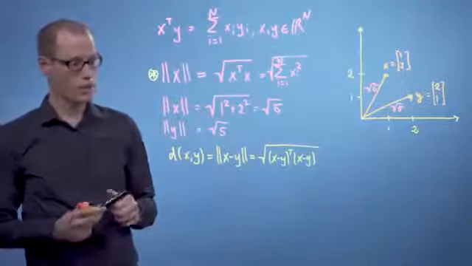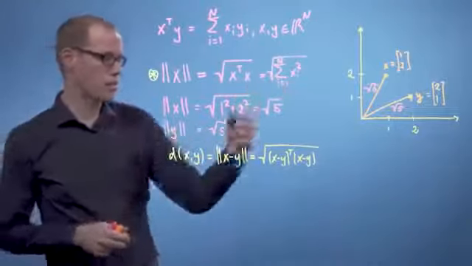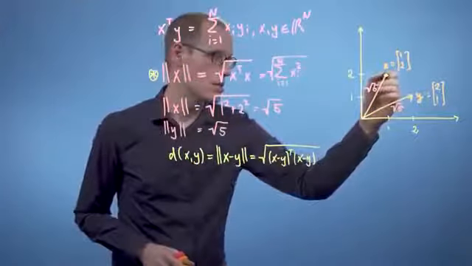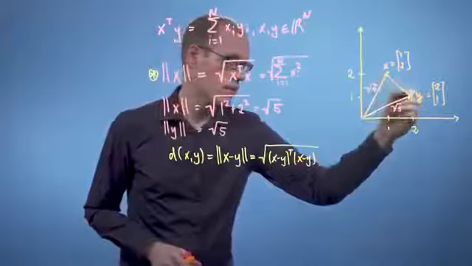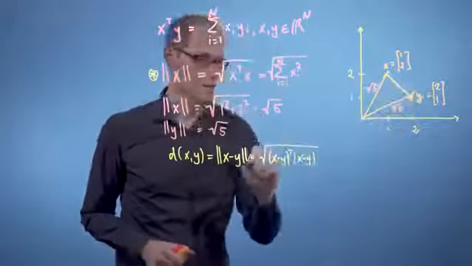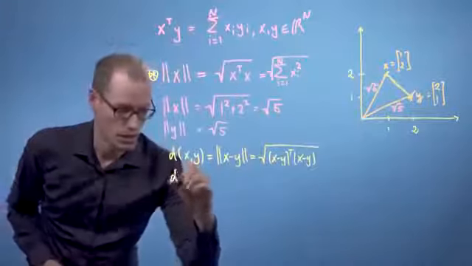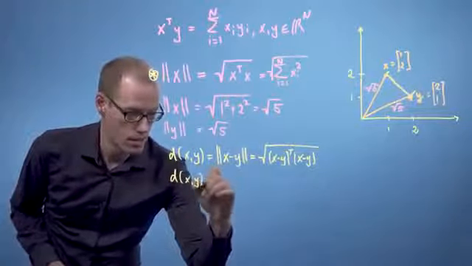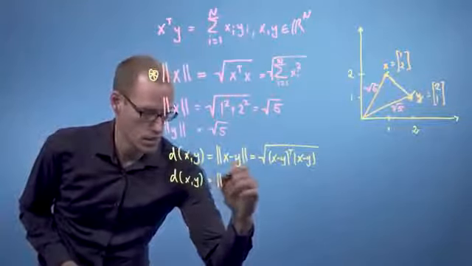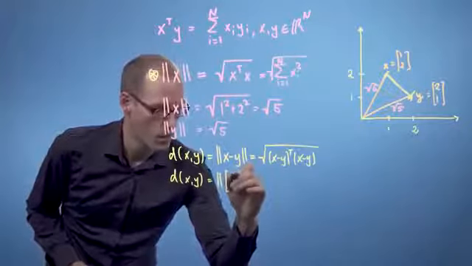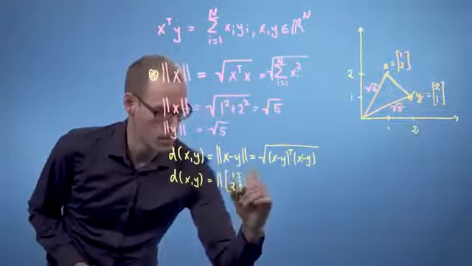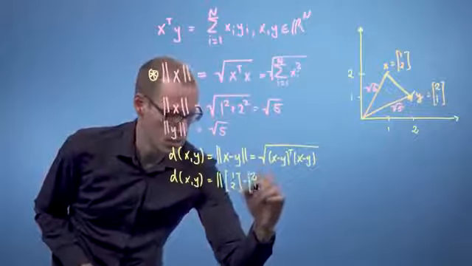So now let's compute the distance between our two vectors over here. The distance between these two vectors is effectively just the length of this difference. So we can write this as the norm of (1, 2) minus (2, 1).